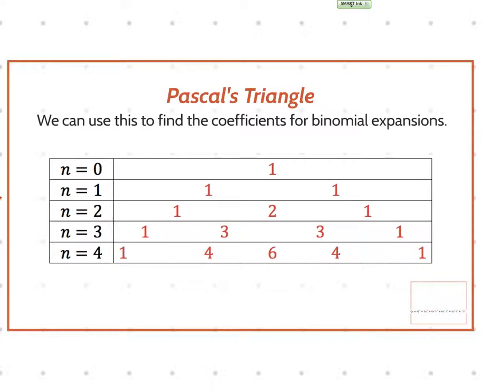Okay, anyone see any patterns of how we can find the next numbers, like any connections between the rows? I will tell you, but I just wanted to see if anyone could see it.